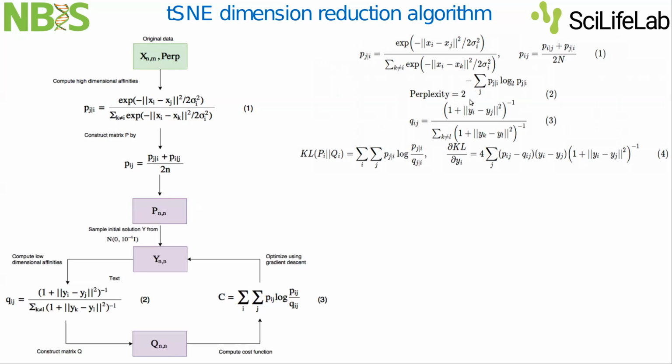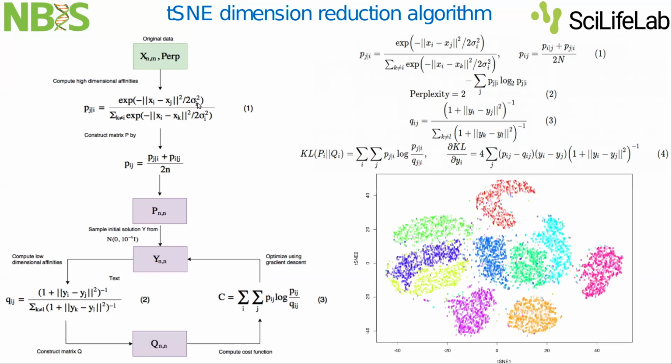If you look carefully at this equation, you will see that perplexity is a fixed number on the left-hand side, and this decides what sigma squared you will get when you perform the summation. Equation 2 actually optimizes the sigma squared.